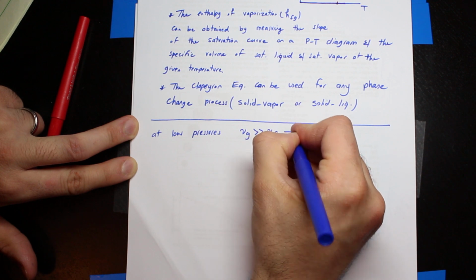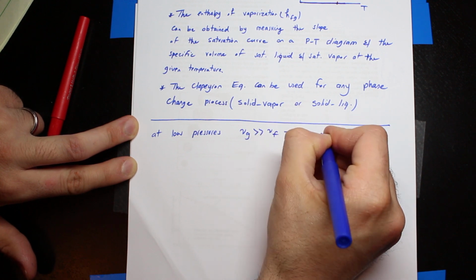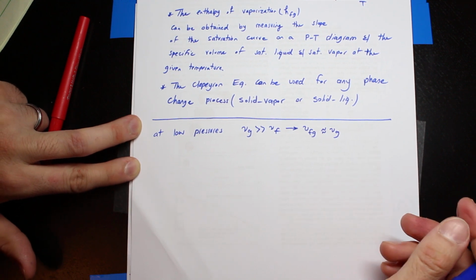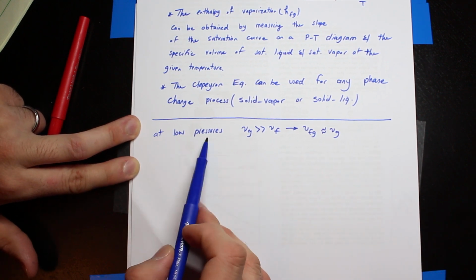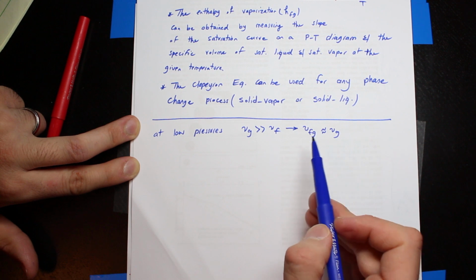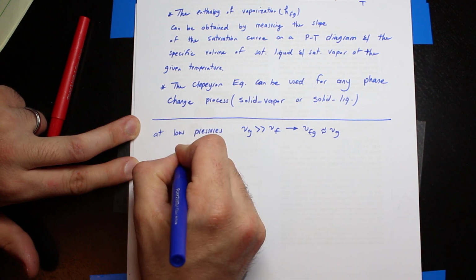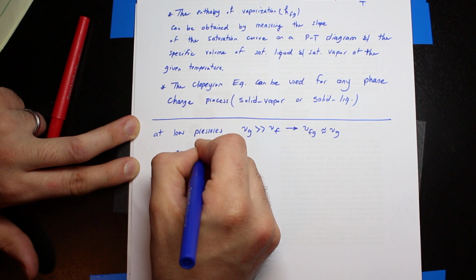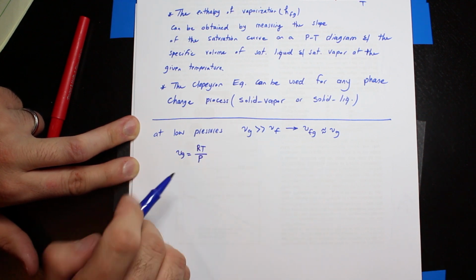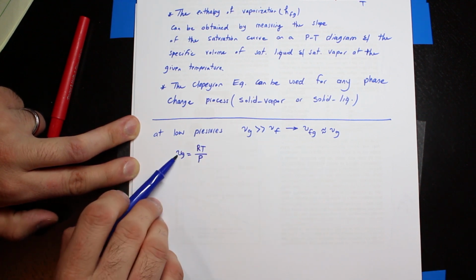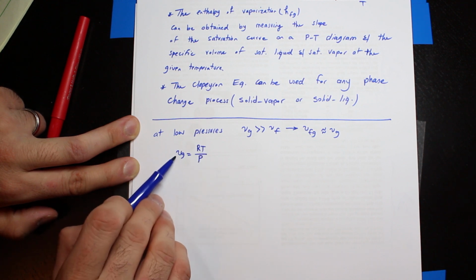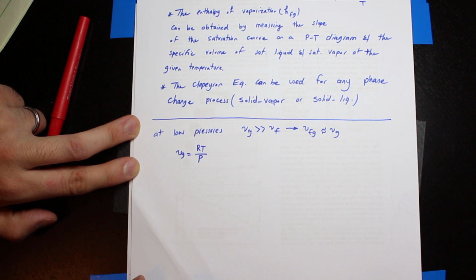That means VFG can be approximated by simply Vg. So we can easily ignore the Vf part whenever we are at pretty low pressures. And we know that for gas phase, Vg can be obtained based on the ideal gas law, which is RT over P. If you remember, the ideal gas law says PV is equal to RT. That V is the specific volume of the gas phase.